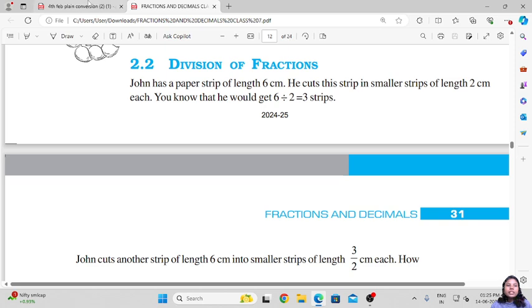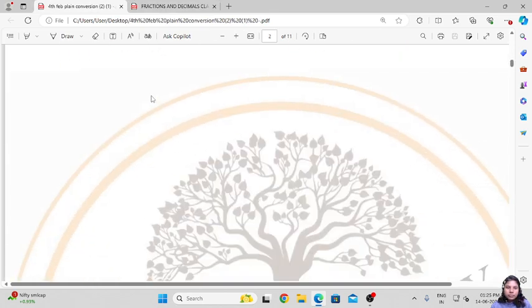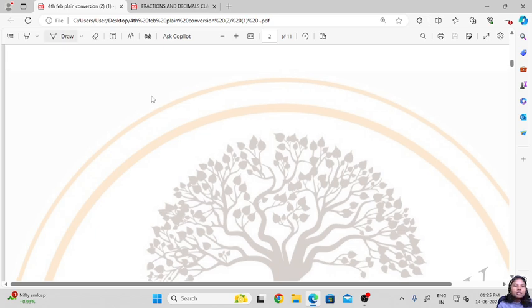So if he cuts 2 cm each, the total length is 6 cm, and he has cut paper strips of 2 cm.